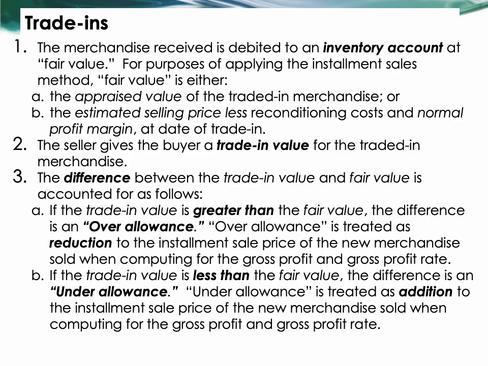While if there is an under allowance, which happens when the trade-in value is less than the fair value, this is rare, but if it happens, it is treated as an addition to the installment price when calculating gross profit. The key concept is that the actual gross profit on the new sale must be computed based on the economic substance of the transaction.